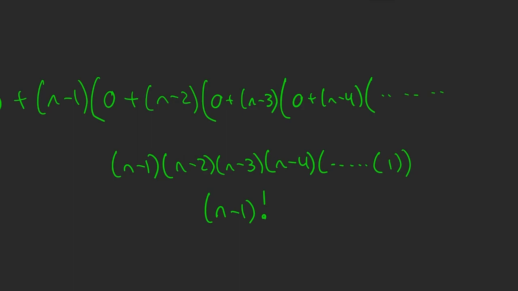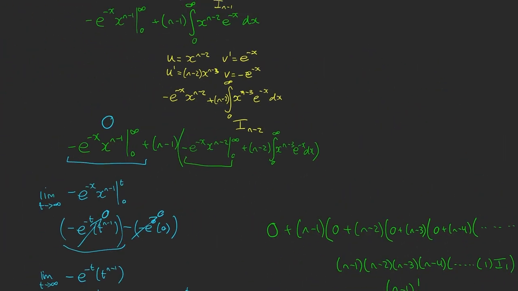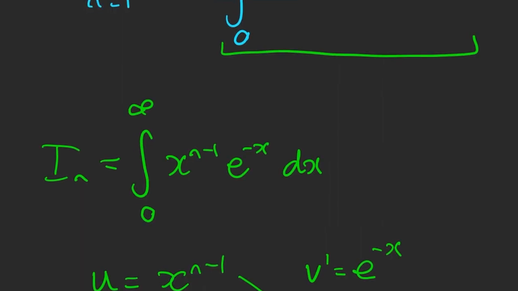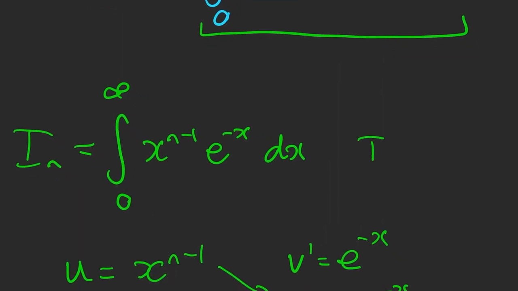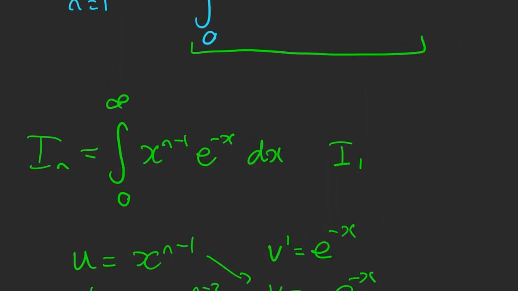I should point out as well, at the very end of our chain here, we're going to have the integral I of 1. But if we recall, we said I of n was equal to this. So that implies that I of 1 is going to equal the integral from 0 to infinity of x to the 0 e to the negative x dx.